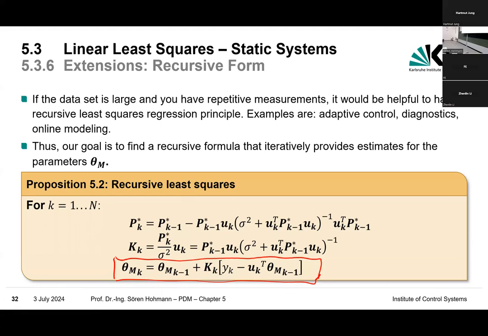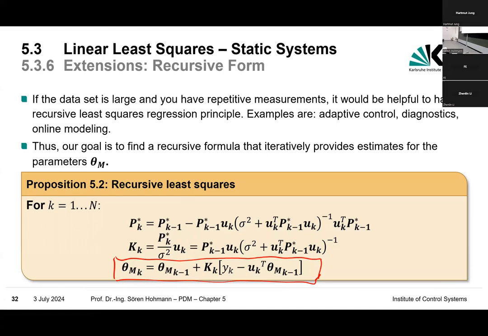Do you know a method where you have a similar situation? Might be the case for somebody who has heard different lectures already. Yes, Kalman filter. Exactly. It's the same principle as the Kalman filter.